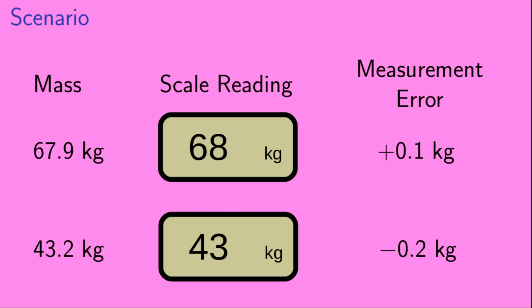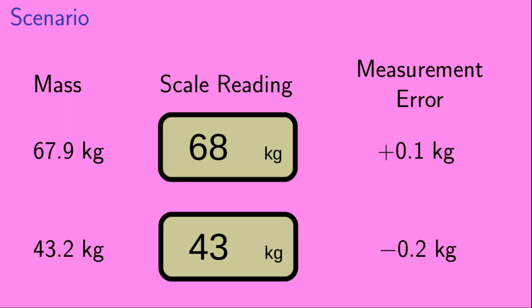Okay, so now let's talk about the measurement errors. For example, if the mass of the object that we're weighing is 67.9 kilograms, the scale reading that will be returned is 68 kilograms. In this case, the measurement error is 0.1 kilograms because the reading is 0.1 kilograms above the true value.